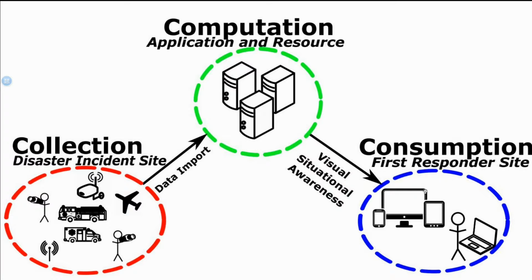Moreover, we can offload some computation to the consumption side to do some local processing, for example pan and zoom with local caching, so that the whole system will benefit from this performance.